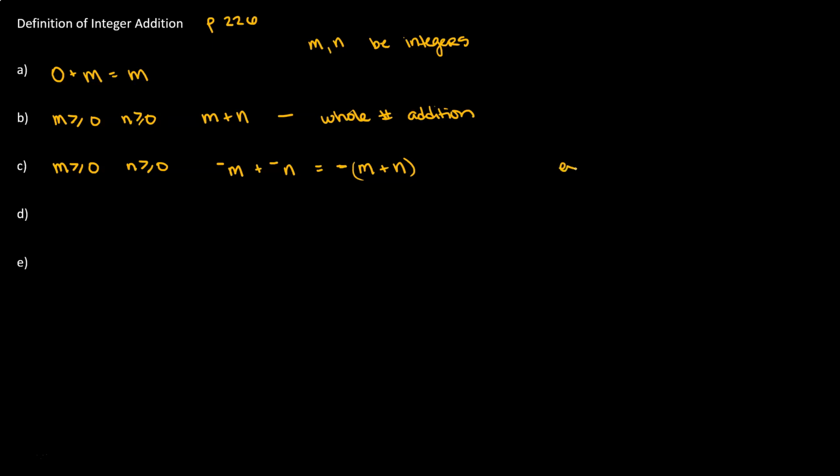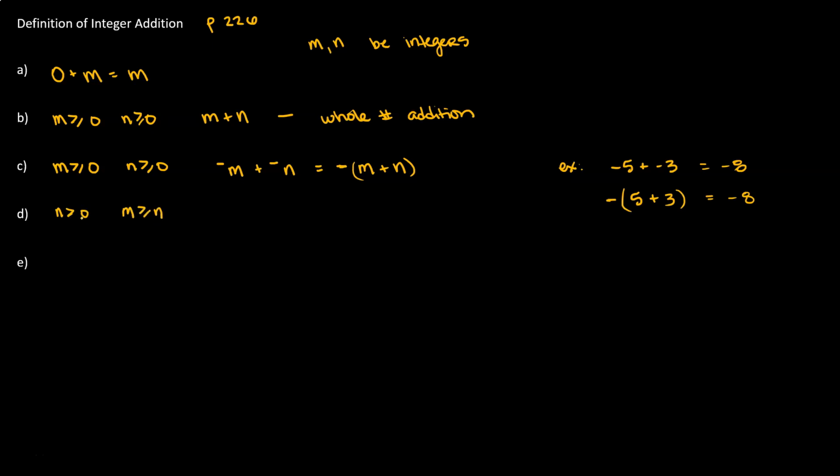So for example, if we had -5 plus -3, we could write this as 5 plus 3 with a negative outside. Either way, we get -8. Part D says n is greater than 0, but also that m is greater than n.